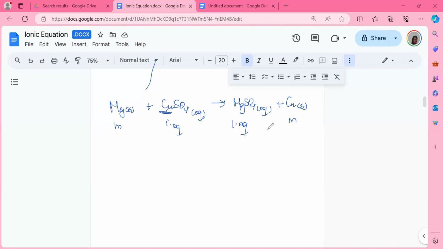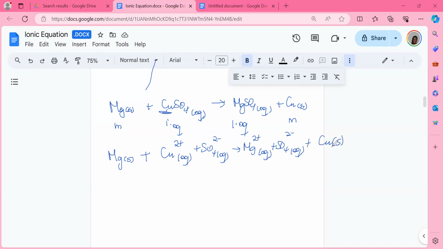Copper is metallic. So we have Mg solid, and copper sulfate breaks down to give us copper 2 plus aqueous, SO4 2 minus aqueous, which produces Mg 2 plus, SO4 2 minus aqueous and copper solid.